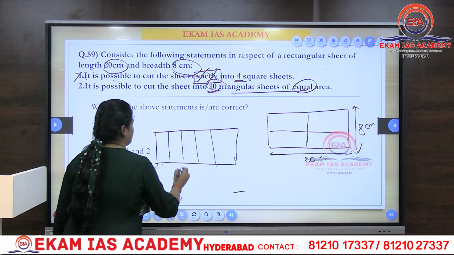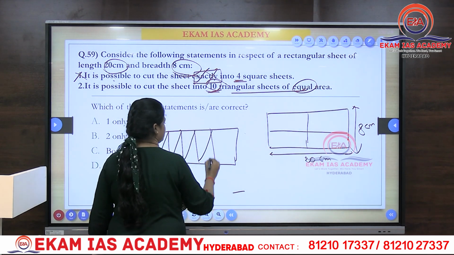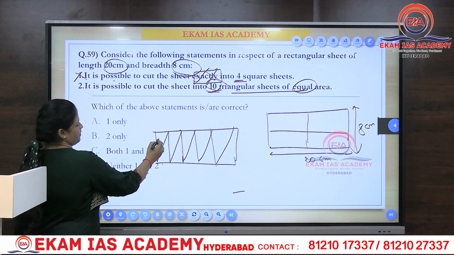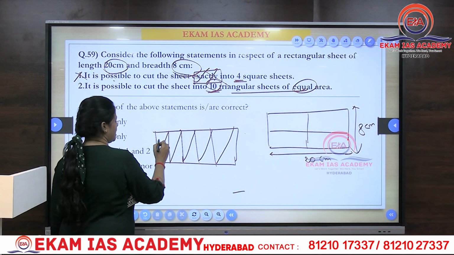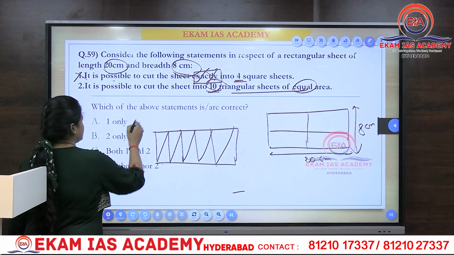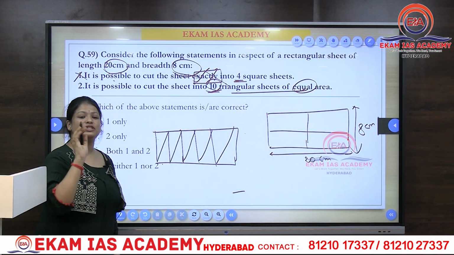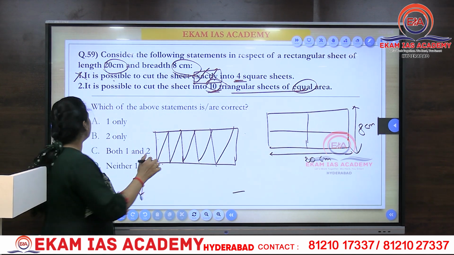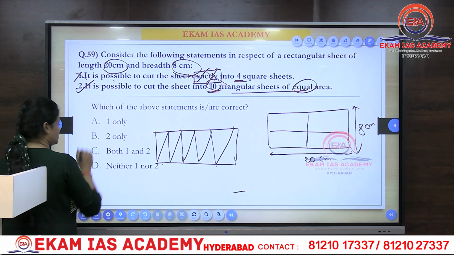So I'm going to cut it like this. So every triangle is of equal area. There are 1, 2, 3, 4, 5, 6, 7, 8, 9, 10 triangles. Hence I can cut this rectangular sheet into 10 equal area triangles. Fine. So statement 2 is correct and 1 is wrong. 2 only.